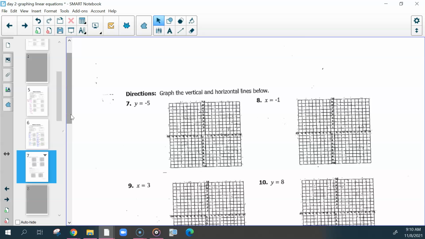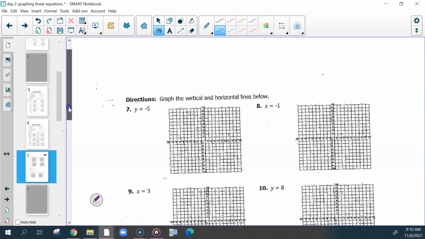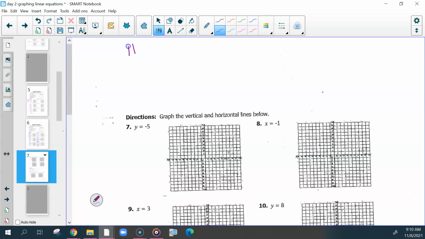On the next page, somewhere on there, I want you to rewrite this. I know we've written this before, but I want you to rewrite it. And we mentioned this before, but I'm just going to mention it again.